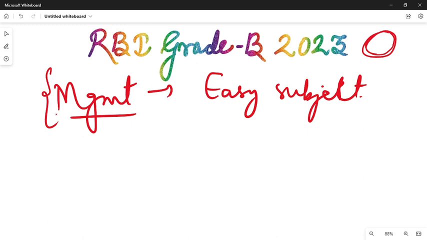And management is always about common sense. It's a common sense subject. Whatever you feel is right to do, most of those instinctual stimulations will be really helpful to you in solving the questions in the actual examination.